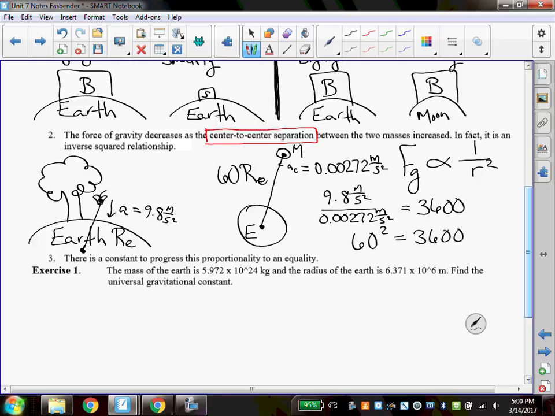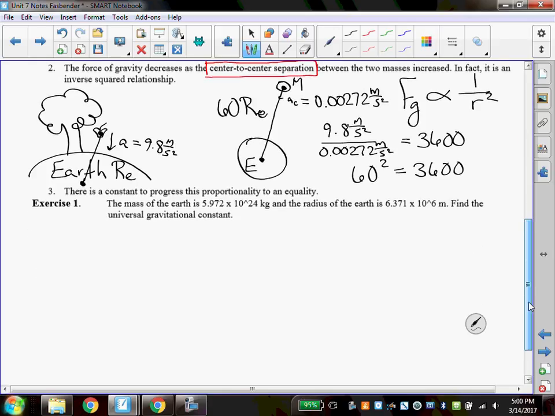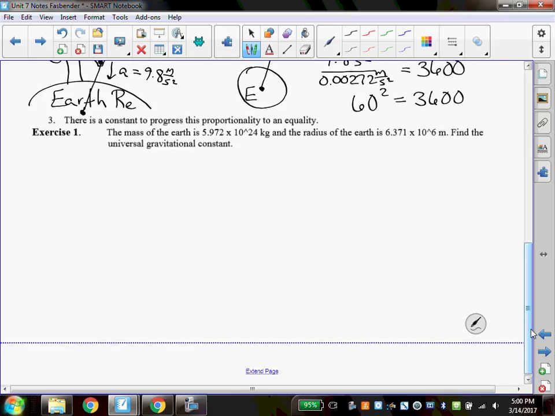The third thing that Newton realized, he realized that if you wanted to progress this proportionality to an equality, you needed to have some kind of a constant. So what we are going to do here in exercise 1 is figure out what that constant needs to be. What we know right now is that the force of gravity is proportional to the mass of our two objects divided by the separation squared.